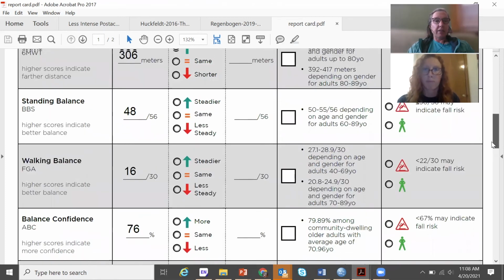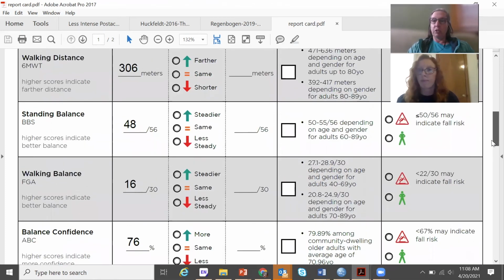So all together, we're starting to get a picture of who this individual is, and this now is helping us guide our treatment, whether it be treadmill training to speed her up, whether it be more dynamic balance exercises, but we do know that treadmill training can improve dynamic balance. So there's a lot of things here that are helping us already tell us how to guide our treatment.